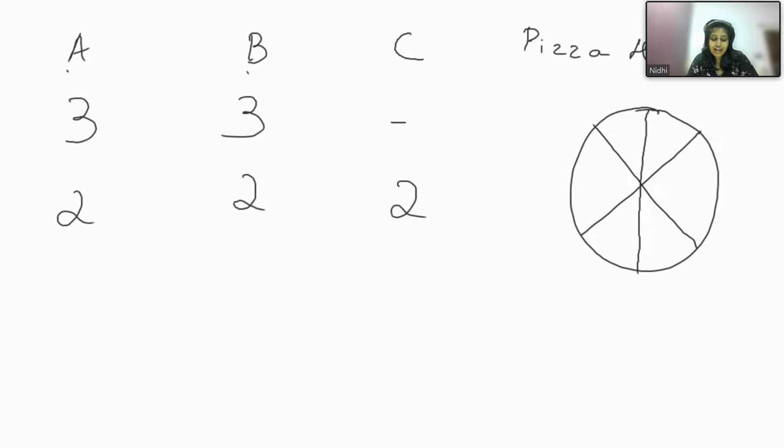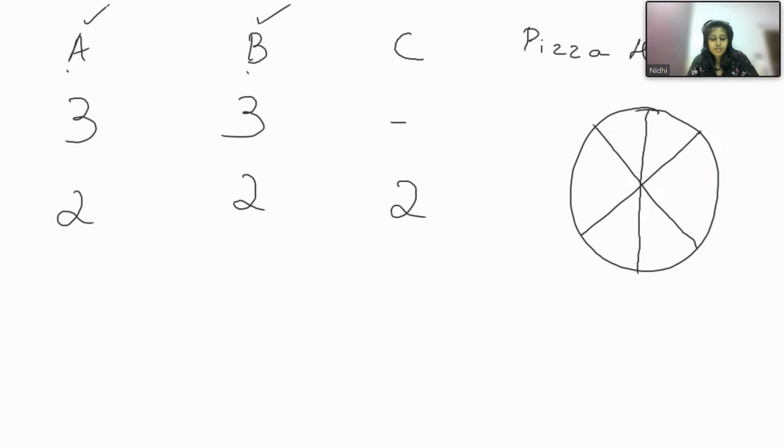Now let us understand with the help of this example itself, what is new profit sharing ratio and what is sacrificing ratio. Now instead of friend A, friend B and friend C, let us assume that they are partners in a firm. Before C joined them, who were the partners in the firm? A was one partner and B was another partner.